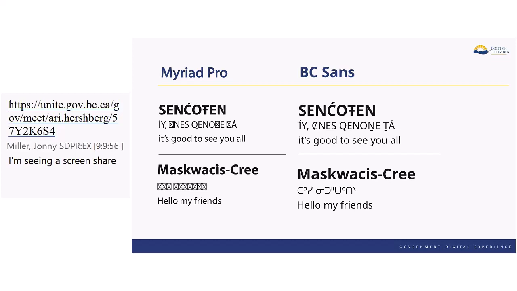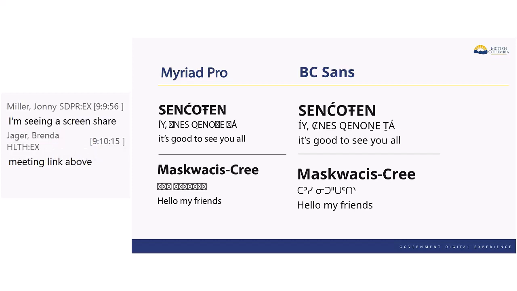We also connected with an Indigenous language linguist and font expert to help with that analysis, to identify where there were gaps and what modifications we needed to make. There weren't a ton of modifications, but in order to say that this font can support all Indigenous languages in BC, it was really important that we made those modifications and built them into the font.